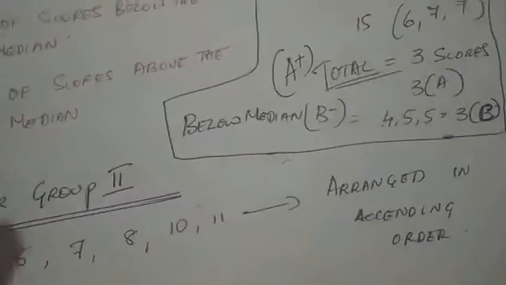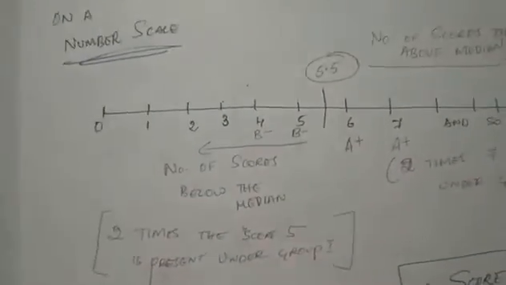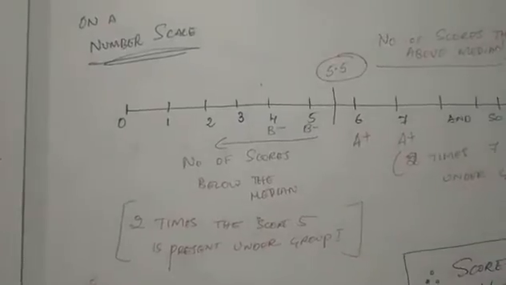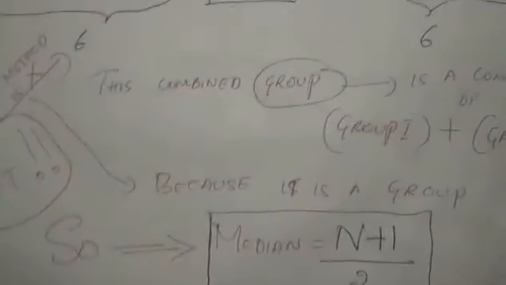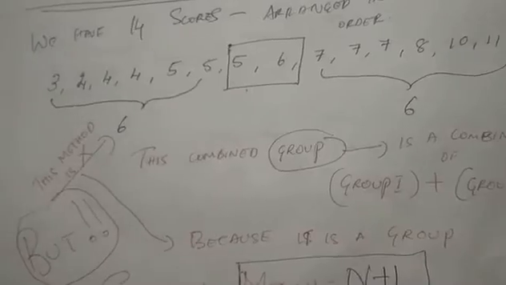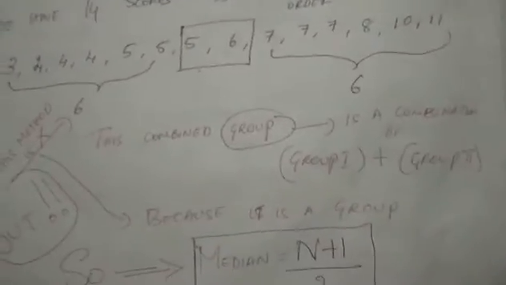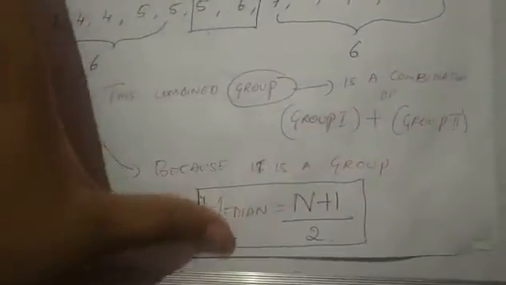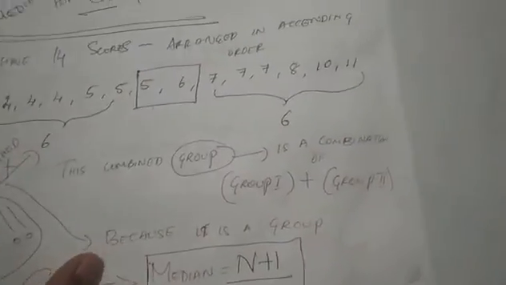We cannot just rely on the 2 mid digits divided by 2. You cannot use that here. So this is the formula to find the median for the group, and do remember this.